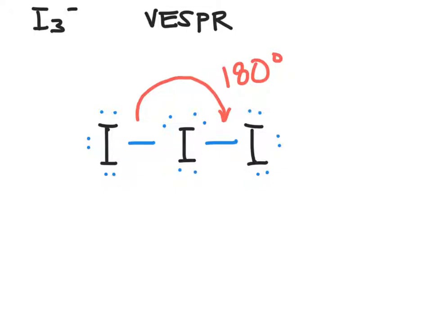And then we just need to show the charge. And that is the VSEPR structure for the triiodide ion.